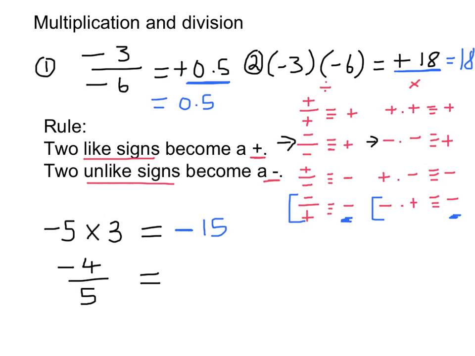So the overall answer will turn out to be a minus, so I'm going to put down a minus. And if I divide 5 into 4, remember your division, I'll just revise it for you here. 5 into 4 won't go, so you put down 0. And you carry on here. 5 into 40, however, will go, and 5 into 40 goes 8 times. So the answer is 0.8.